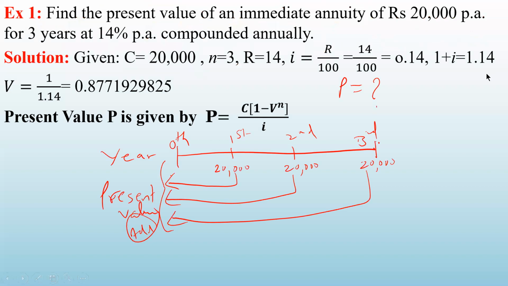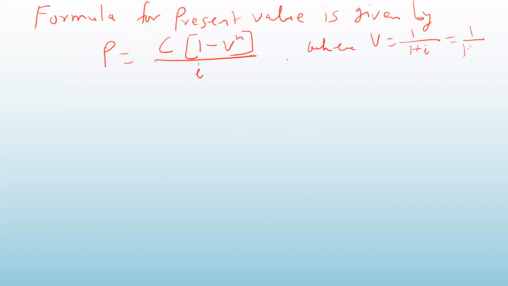It is 1.14. So 1 divided by 1.14. You can find out the value of 1 divided by 1.14 by using your calculator, and you will get 0.877192982.